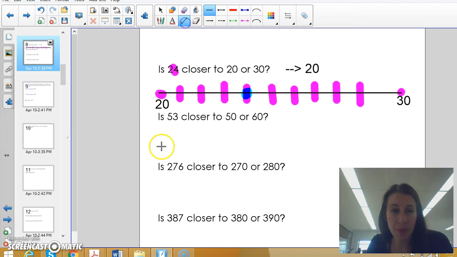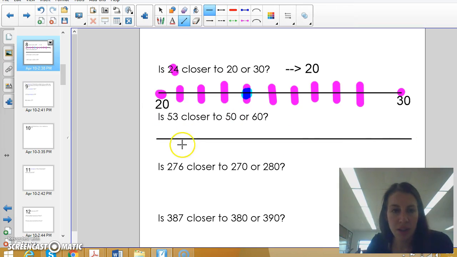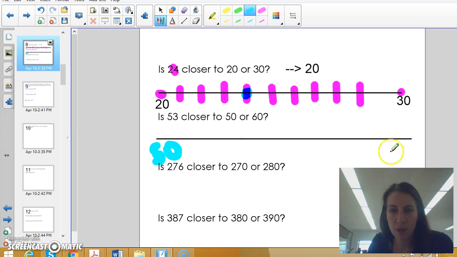So let's do the same thing with 53. Is it closer to gas station 50? Or is it closer to gas station 60? Where are you going to head for gas if you run out at 53? Pause the video, talk to whoever you're working with, and see where you're going to go for gas. Are you going to go to 50 or to 60?